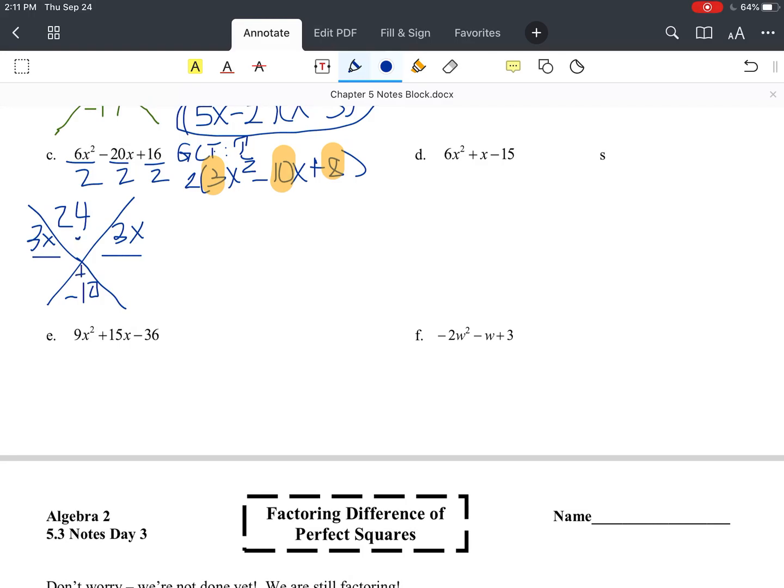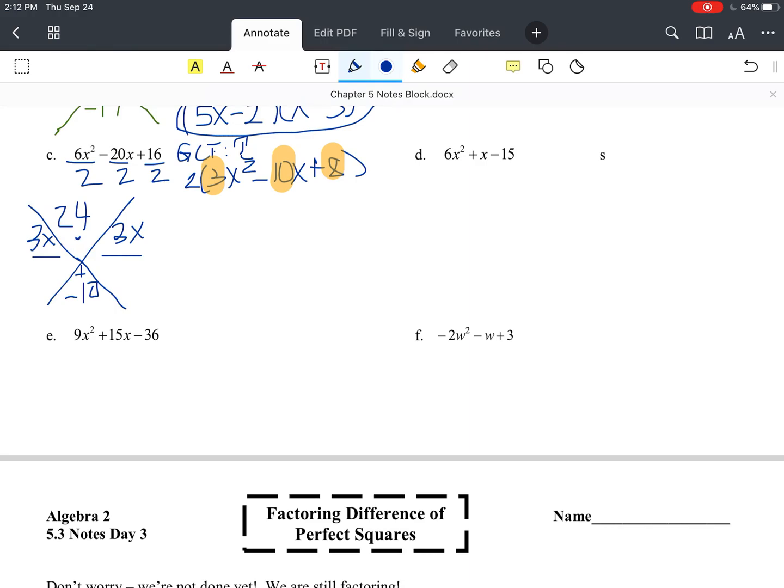And I have to think of two numbers that multiply to 24 that add to negative 10.